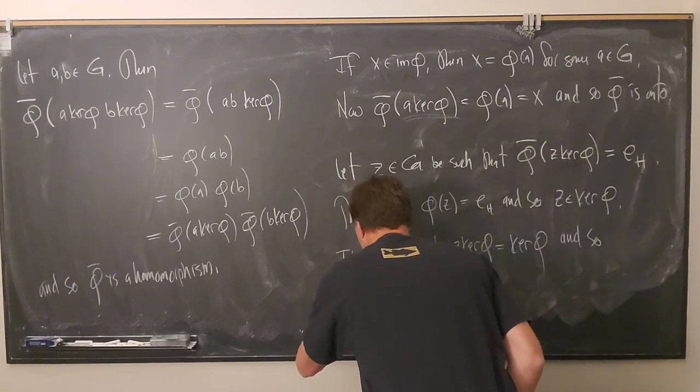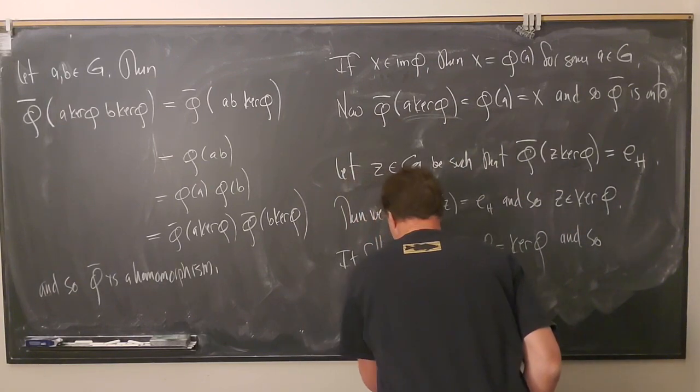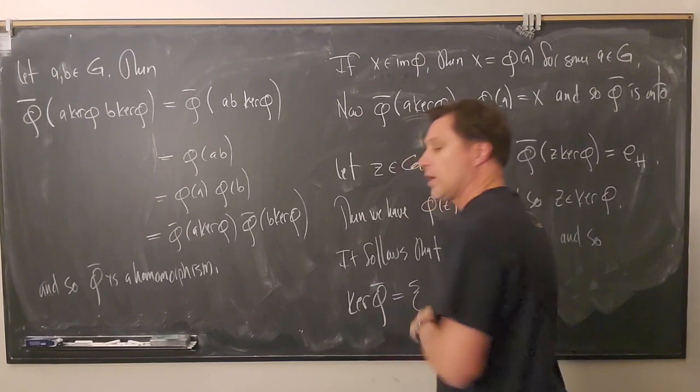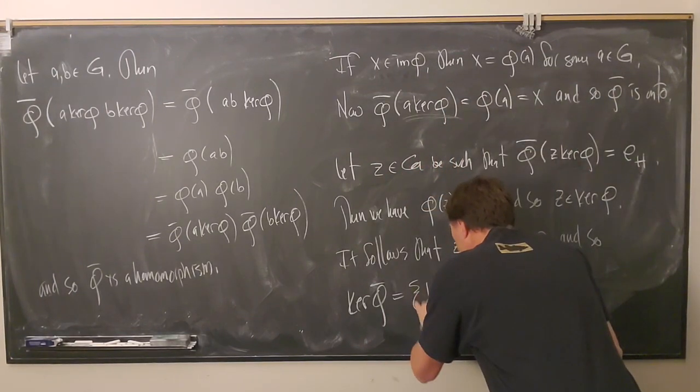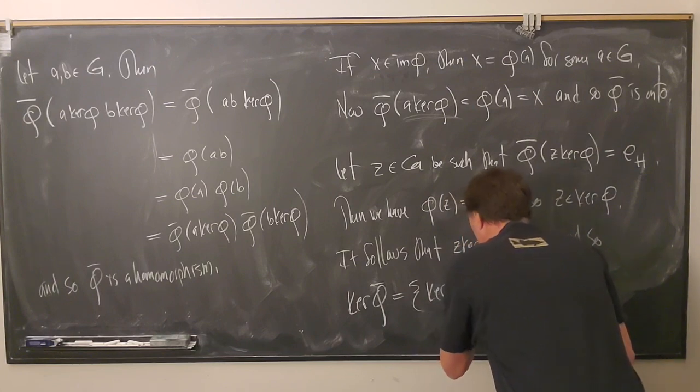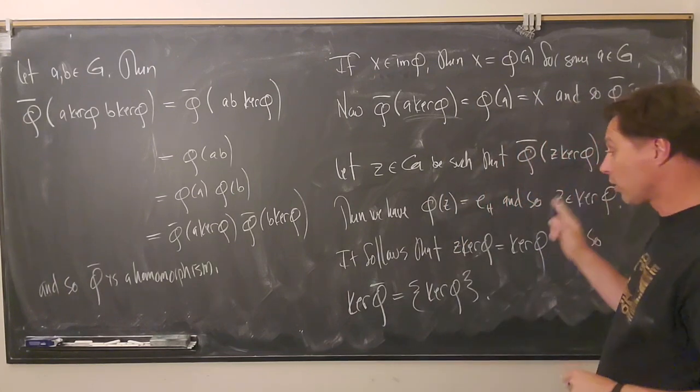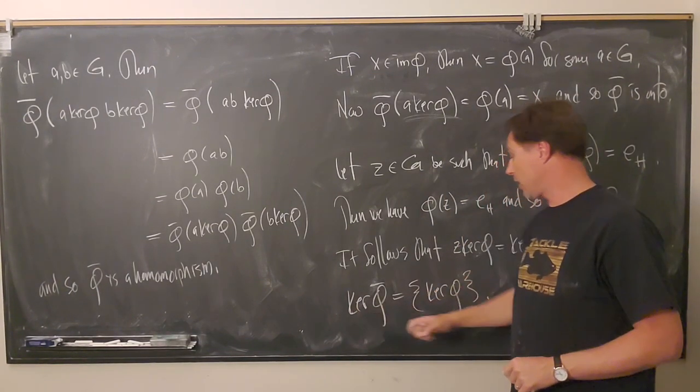So the kernel of phi bar is equal to the set consisting of a single element, and that single element is the kernel of phi. In other words, the kernel of phi bar is trivial.